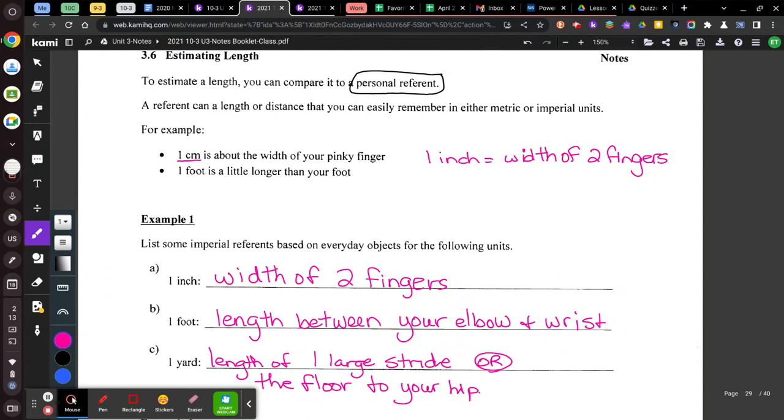So right now, if I had a meter stick beside me, from the floor to my hip is right here, it would be a little bit taller because I'm short. Now, some of you tall guys like Ty and Kai and Cameron, Ethan and Nathan back there, it's going to be lower on your leg because you're quite tall. But that's typically the length of what you would see for a meter stick.